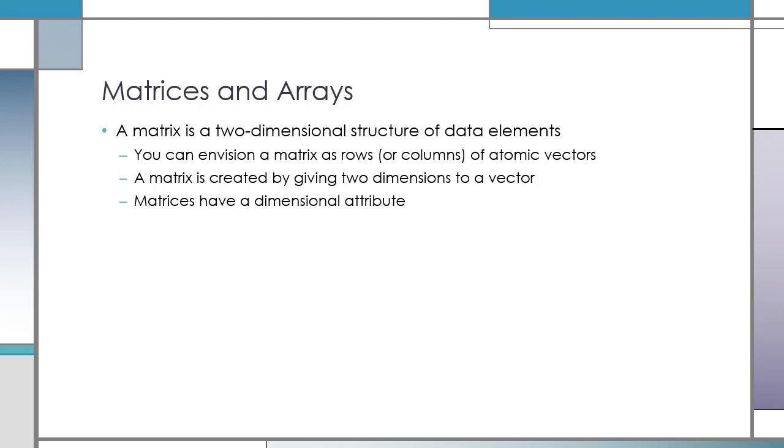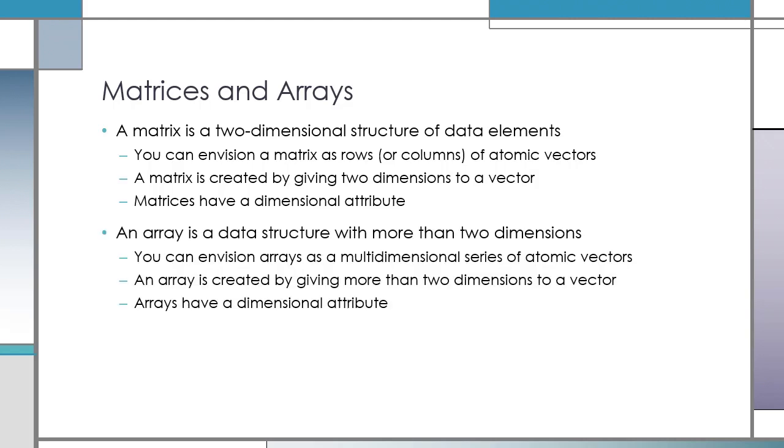What if we want to go beyond 2? That's an array. An array is a data structure with more than 2 dimensions. So you can think of an array as a multi-dimensional series of atomic vectors. Another way I think of an array is as a series of matrices extending it to another dimension.